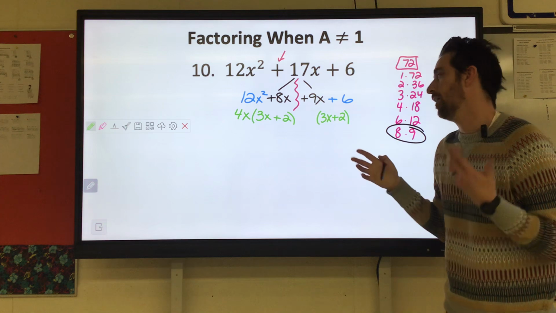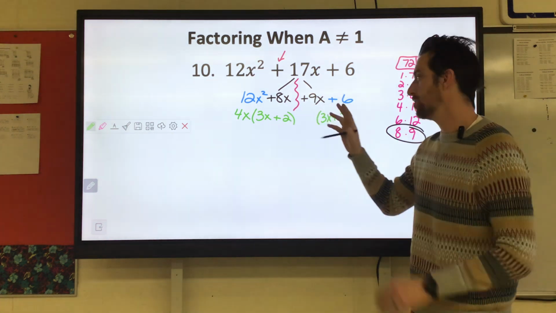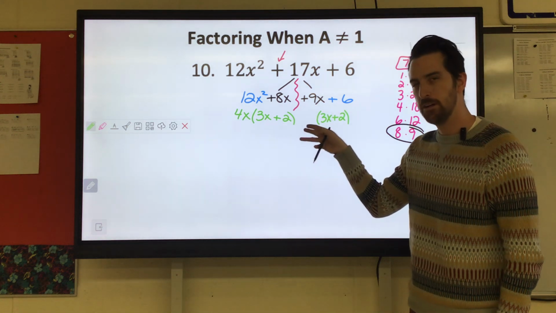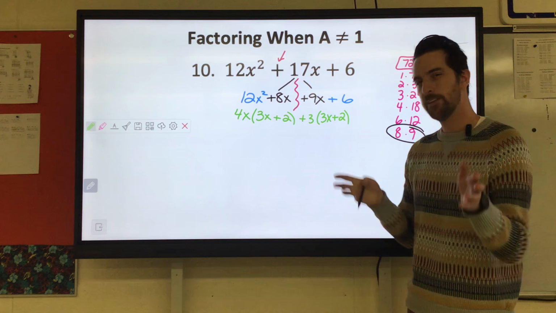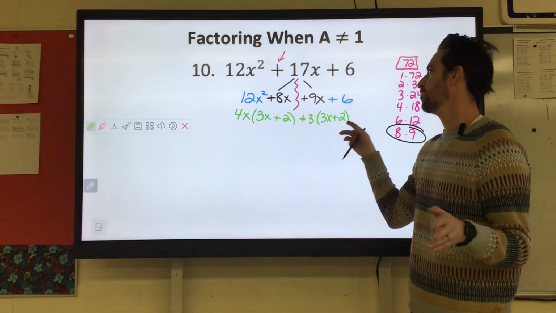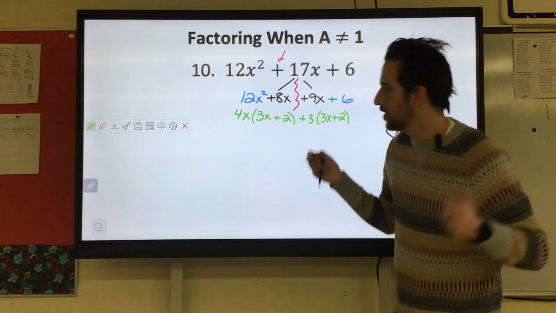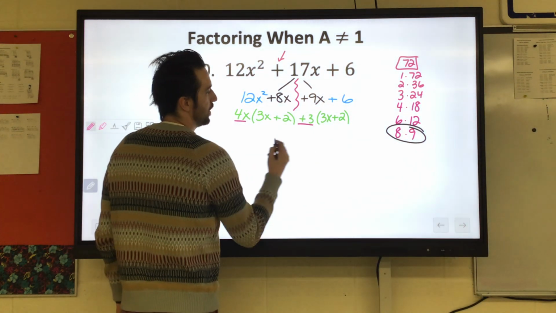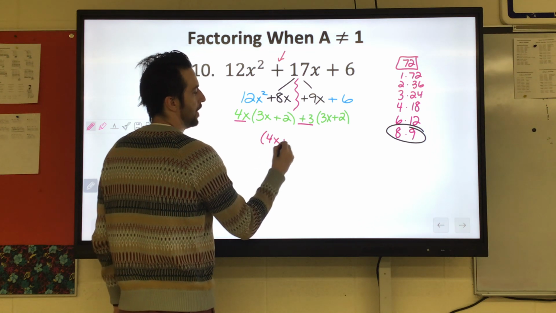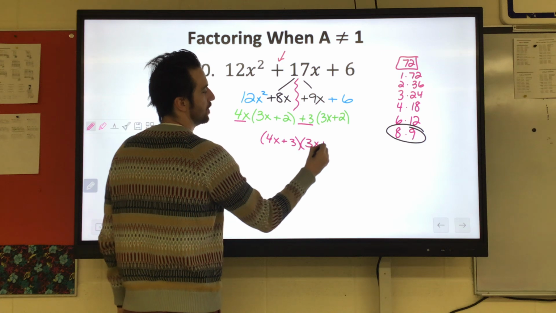So, if it's easier for you, you could write that in first and kind of work backwards and think 3x times what would give me 9x? And that's 3x times 3. But you do want to check, make sure 3 times 2 is 6, which it is. If that helps, great. If it doesn't, do it your way. Outside, we got 4x plus 3. And then they share the 3x plus 2.